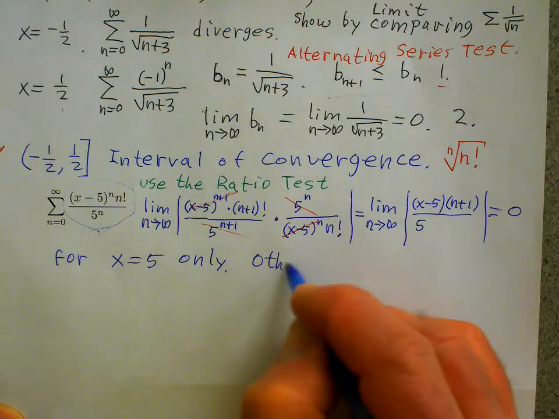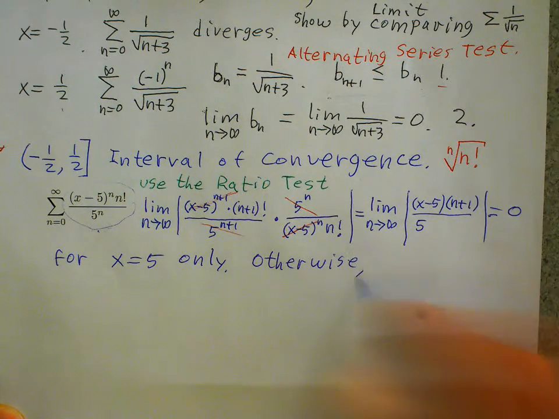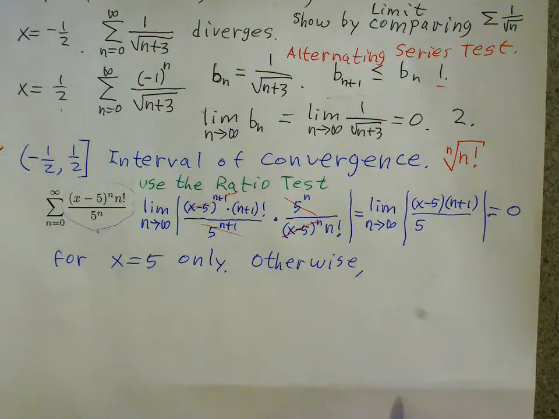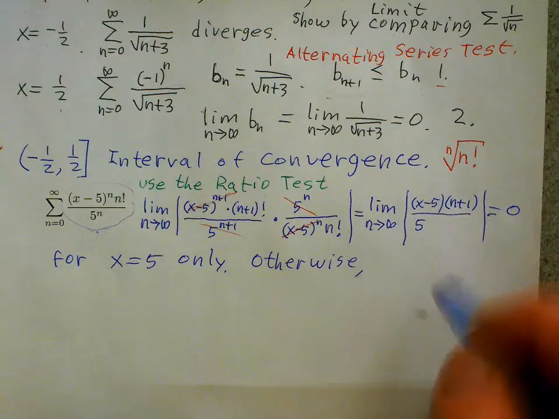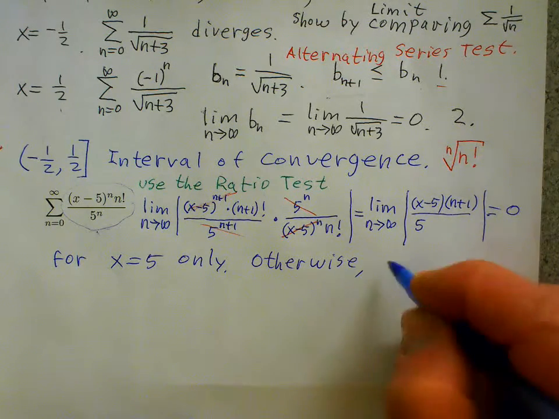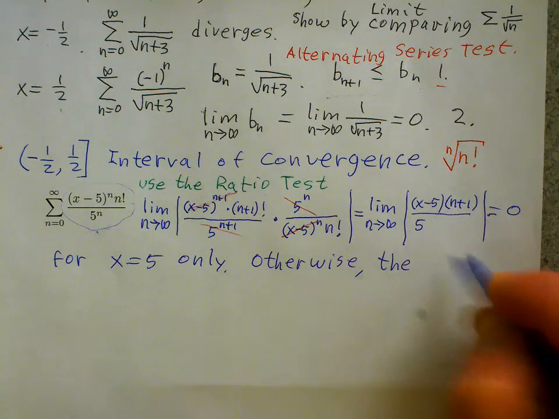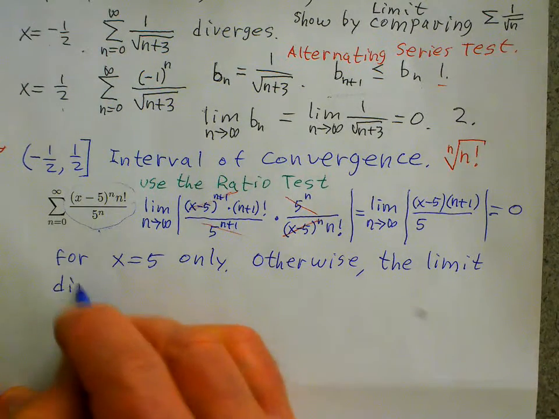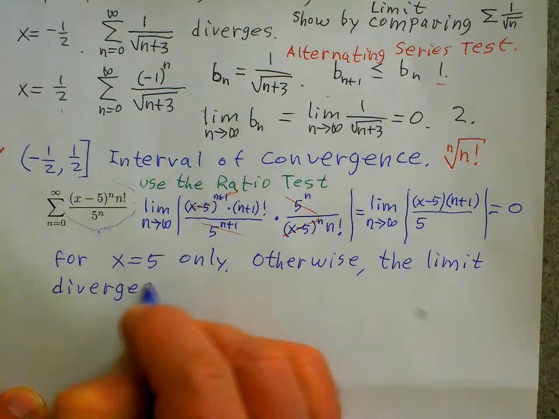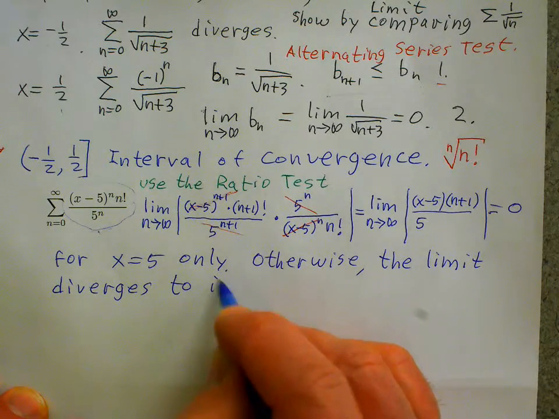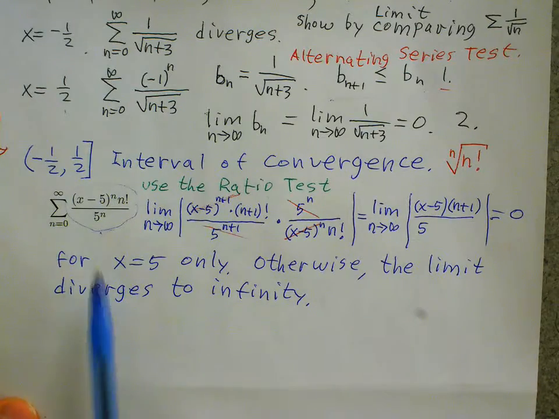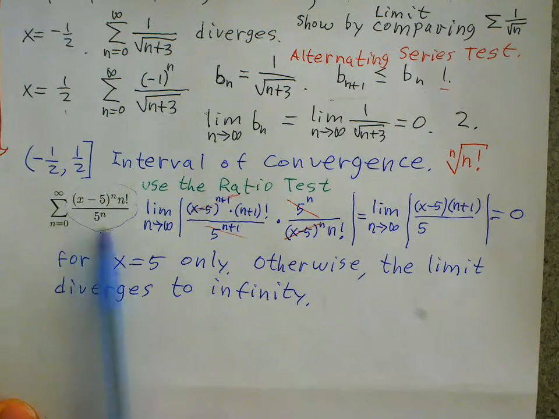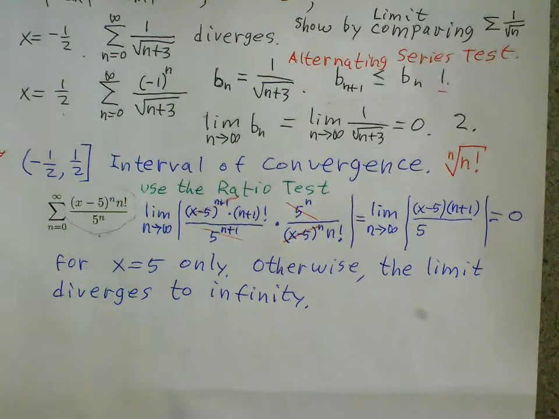Otherwise, the limit is infinite, or I should say the limit diverges to infinity. Okay, so there's only one value of x for which this infinite series converges.